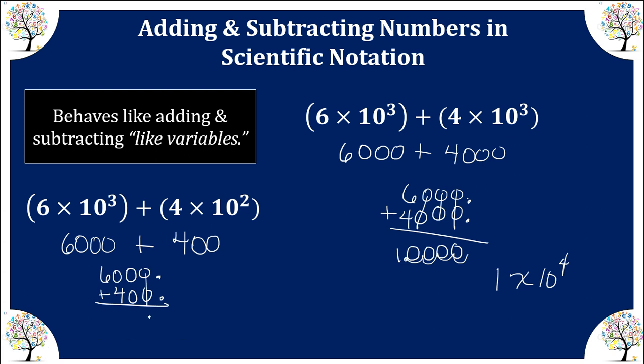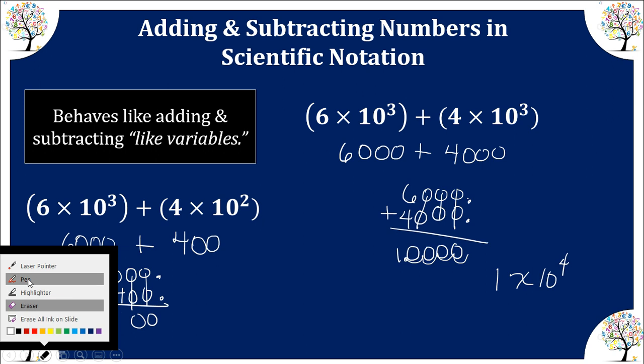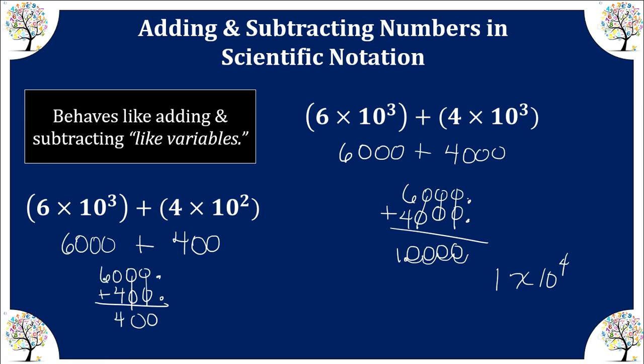So we get 0, 0, 0. This should be not 0, getting ahead of myself there. 0 plus 4 is 4, and then 6. So now we need to write this 6,400 into scientific notation. Our coefficient will be 6.4 times 10, and we move the decimal 1, 2, 3 times.